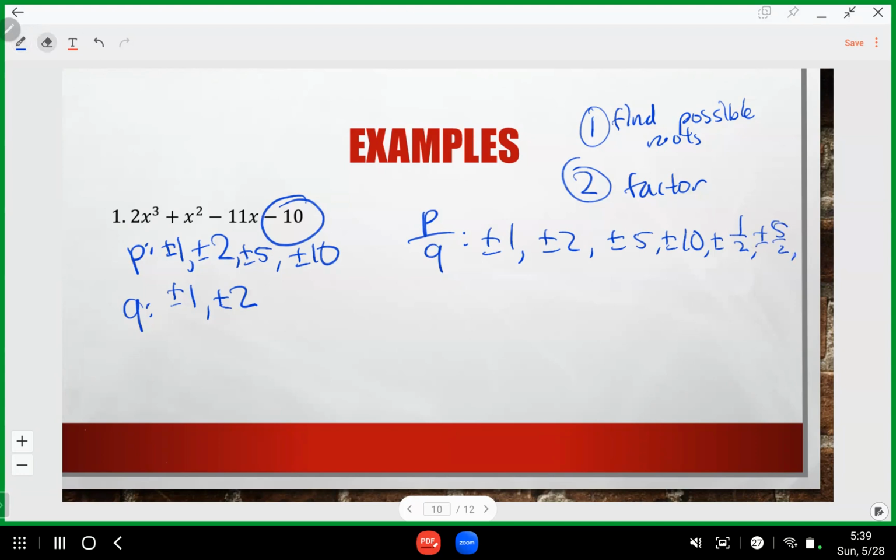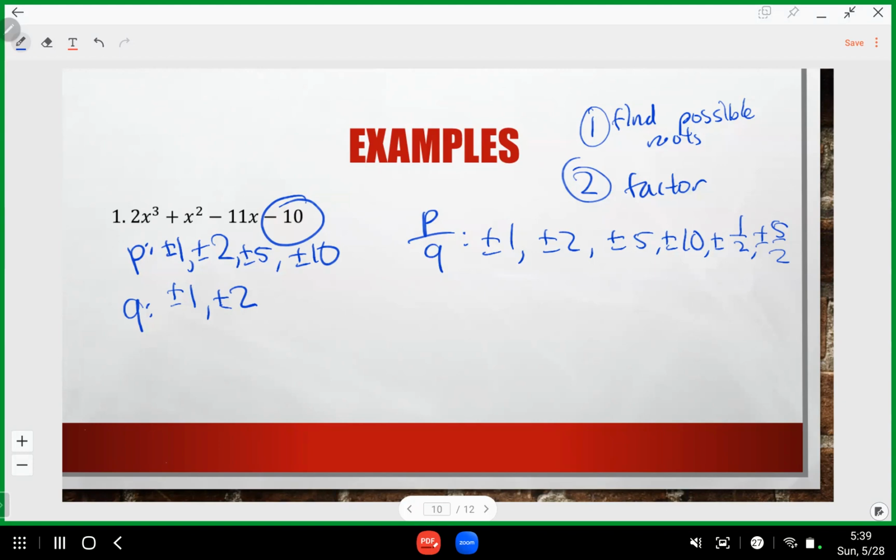Very good. So let's see here. Which do you think would be the most possible here, William? What do you think is the most possible root that we can have?